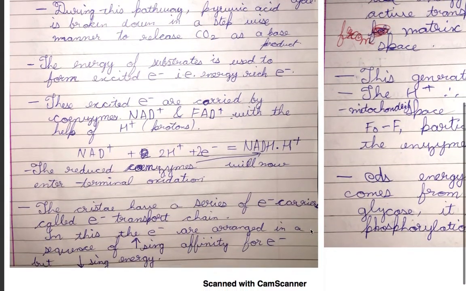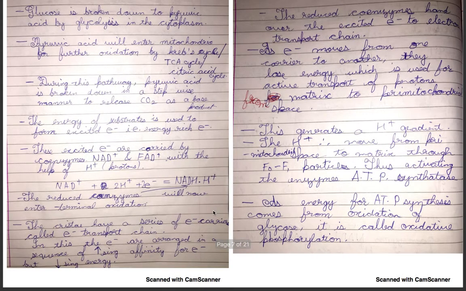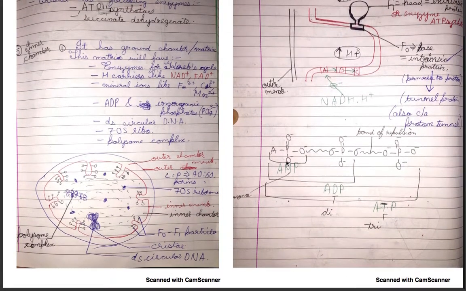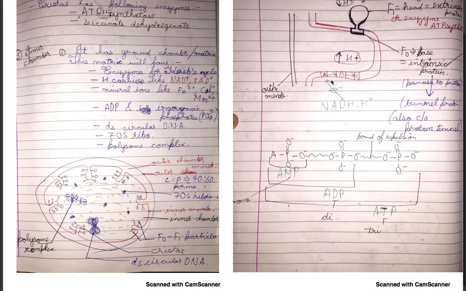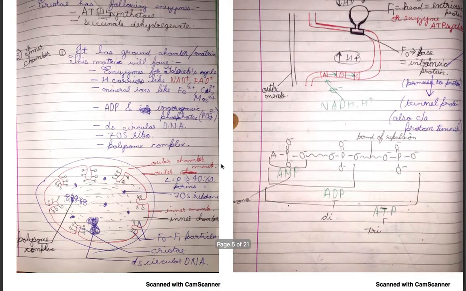The cristae have a series of electron carriers called the electron transport chain. In this, the carriers are arranged in a sequence of increasing affinity for electrons but decreasing energy. That is, the electron that comes to the membrane of the cristae will first enter the electron transport chain. This is the chain.